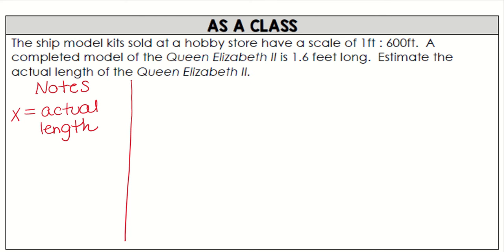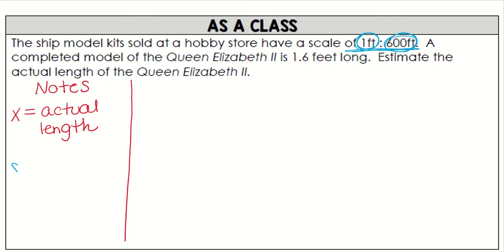And then also in my note space, I'm going to write down our unit proportion with just writing down our units in our fractions. So I see this lovely scale they give me. And what that scale actually means is that it's the scale to the actual length.